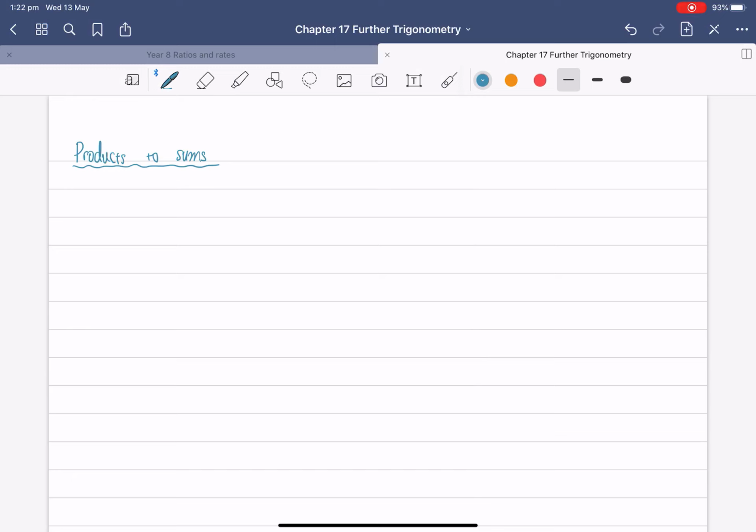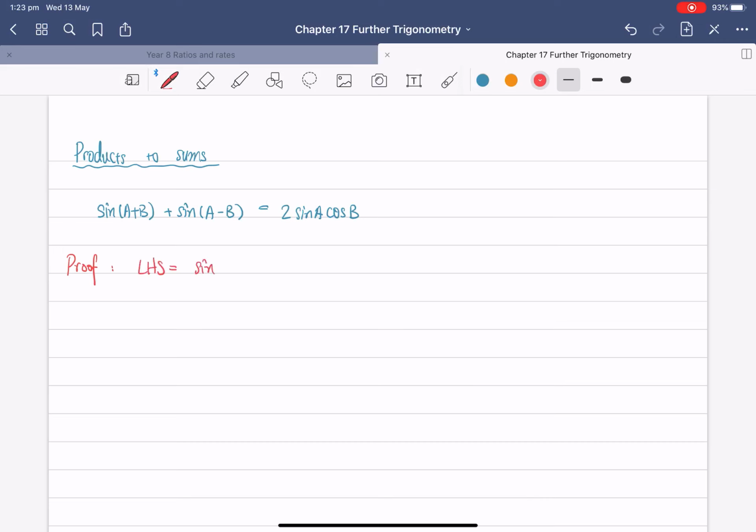So basically you have sine a plus b plus sine a minus b, that is the sum, equal to 2 sine a cosine b. The reason is that we can fully expand the left hand side.